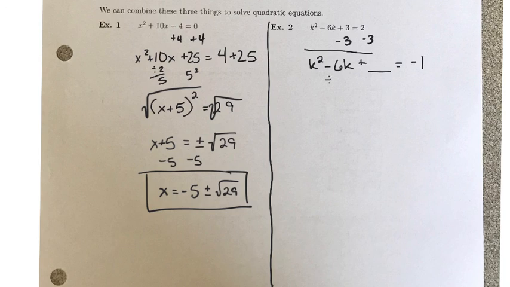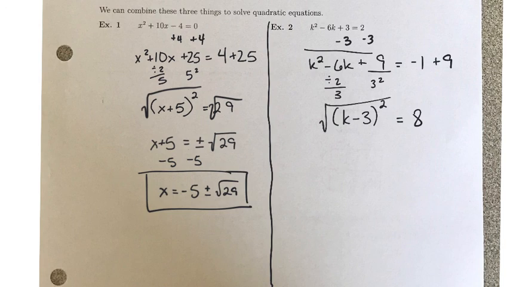We divide by 2, we get 3, and then 3 squared is 9. So make sure to add 9 on the left and on the right. We factor this into k minus 3 squared is equal to 8. So that's the finish. We're done with step 2.